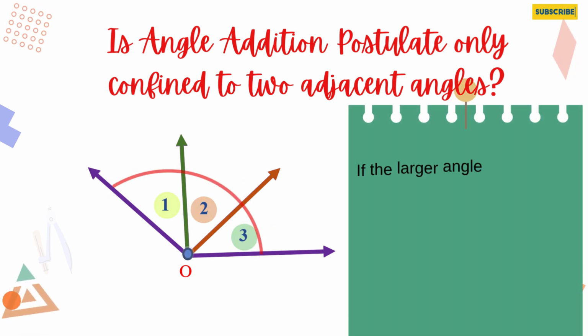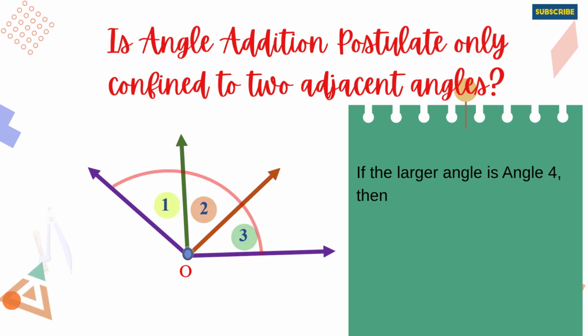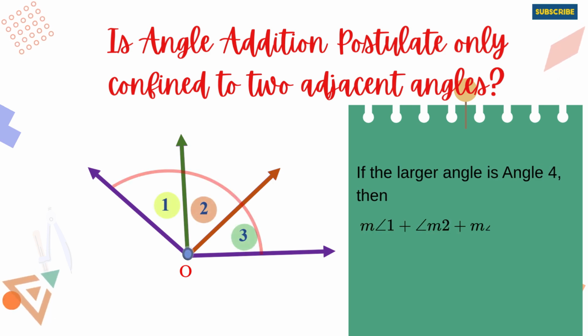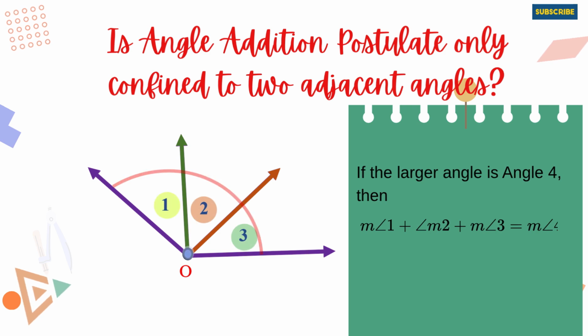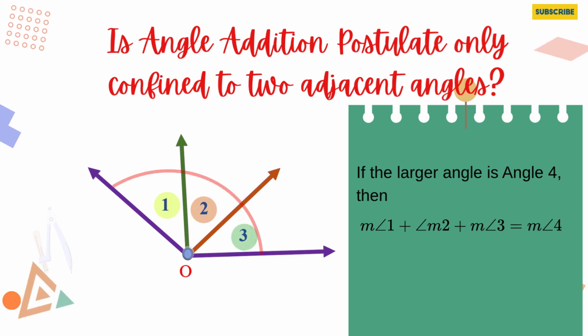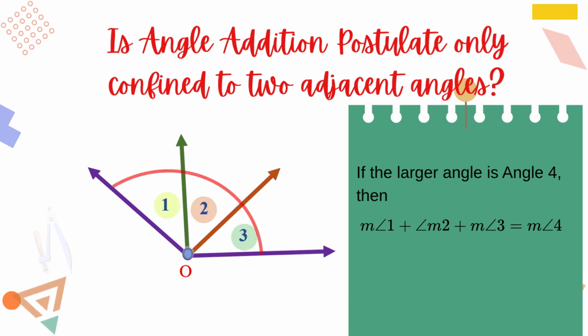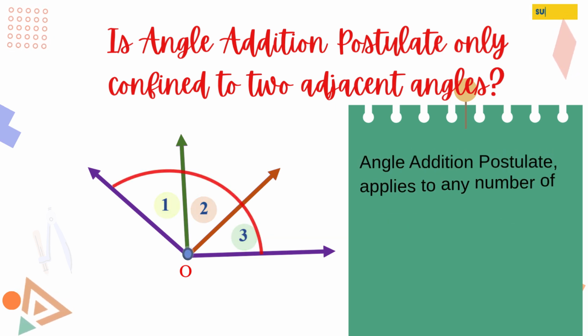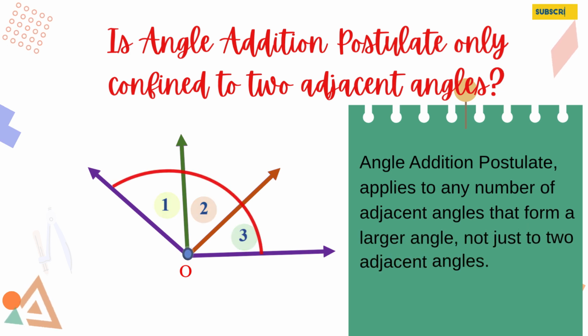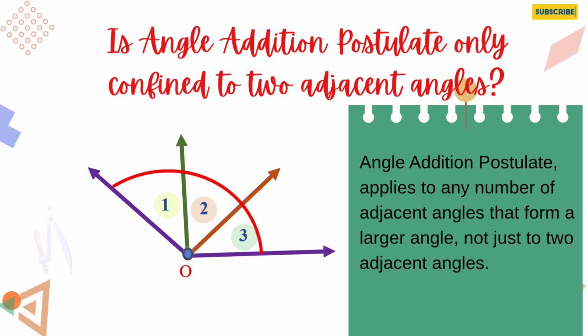If the large angle is angle 4, then the measure of angle 1 plus the measure of angle 2 plus the measure of angle 3 is equal to the measure of angle 4. So the answer to the question is no. While often demonstrated with two angles, the postulate applies to any number of adjacent angles that form a larger angle.